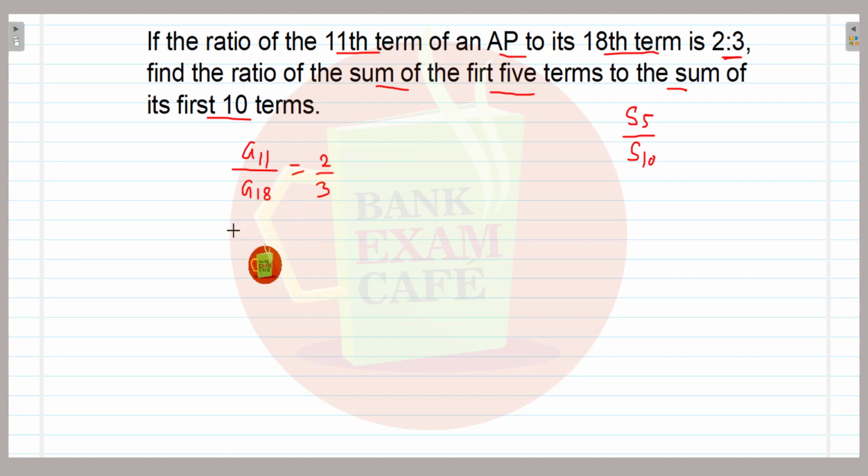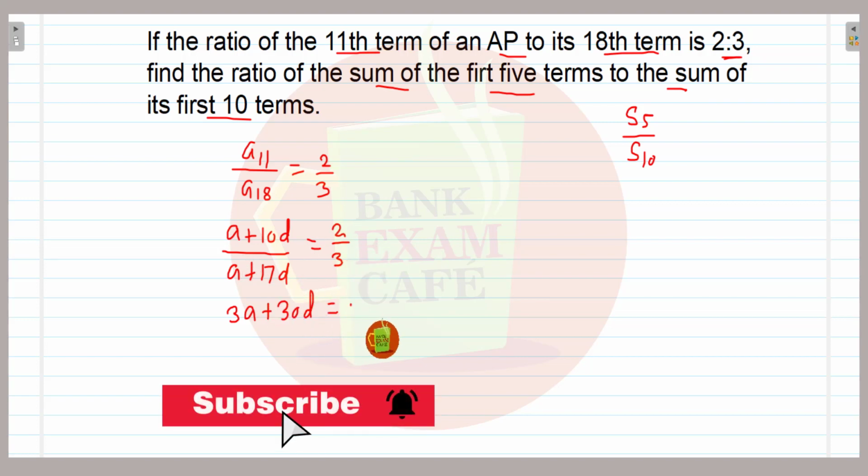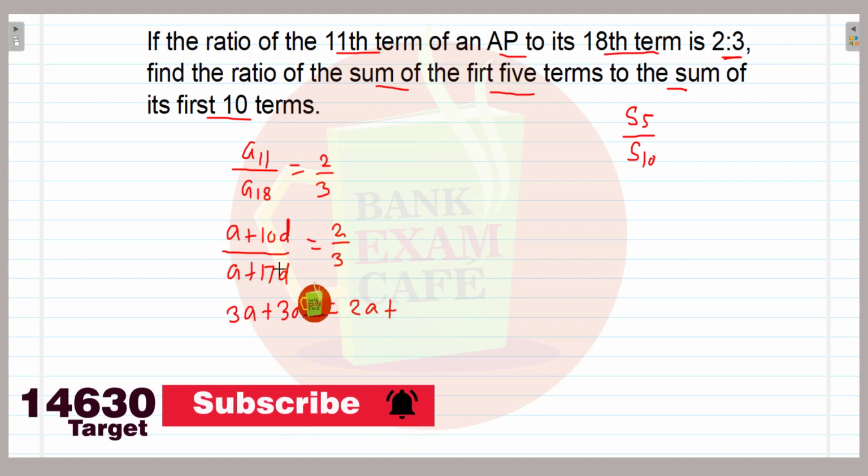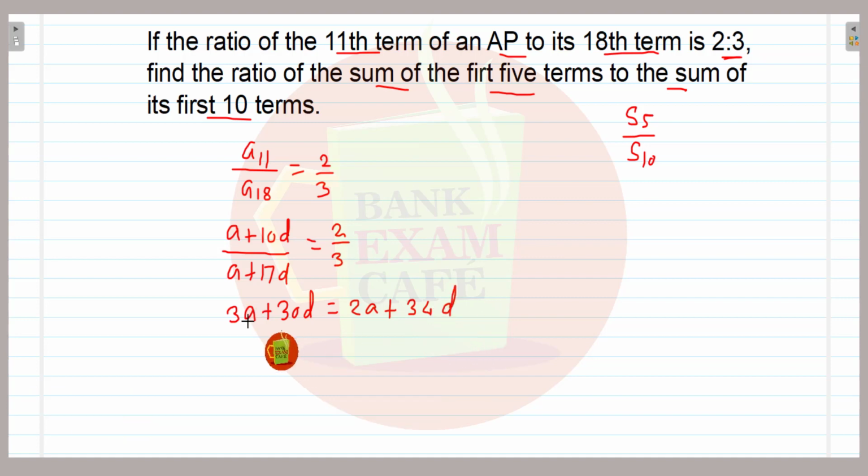So here A11 we can write as A plus n minus 1 into d. N minus 1 will be 11 minus 1, that is 10d. So A11 upon A18, which is A plus 17d, is equal to 2 upon 3. Cross multiply, so this will be 3 into A, 3A, plus 10 into 3, that is 30d, which is equal to, multiply 2 to this, so it will be 2A plus 34d.